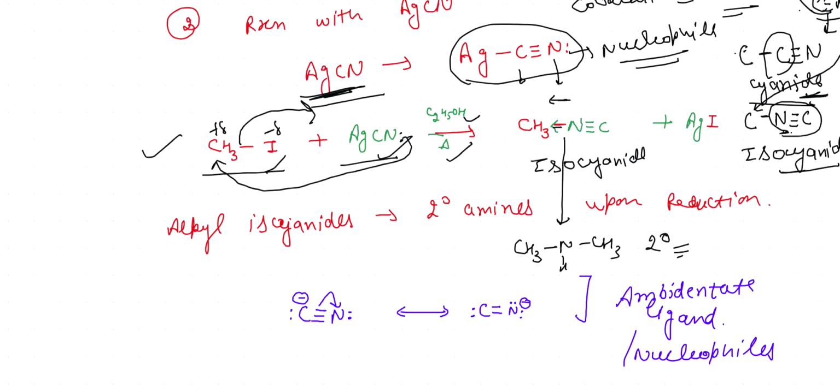as this is a resonating structure of cyanide, where this is structure number one and this is structure number two. In structure number one, there are three bonds between carbon and nitrogen, and in two, there are only two bonds between carbon and nitrogen. When the electrons are transferred toward this nitrogen, the carbon gets positively charged.